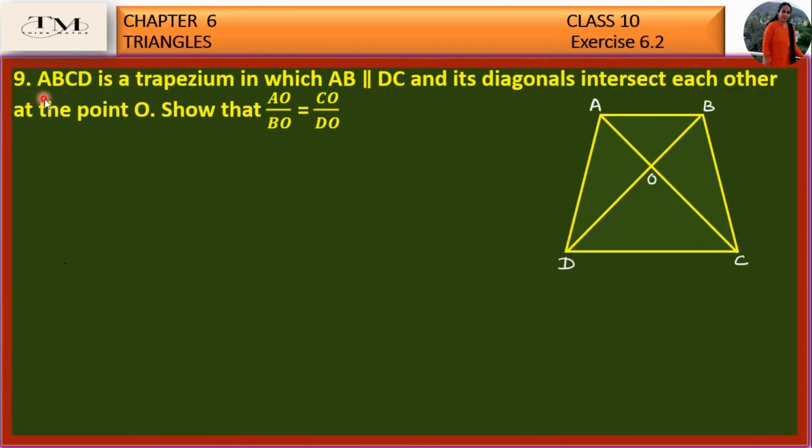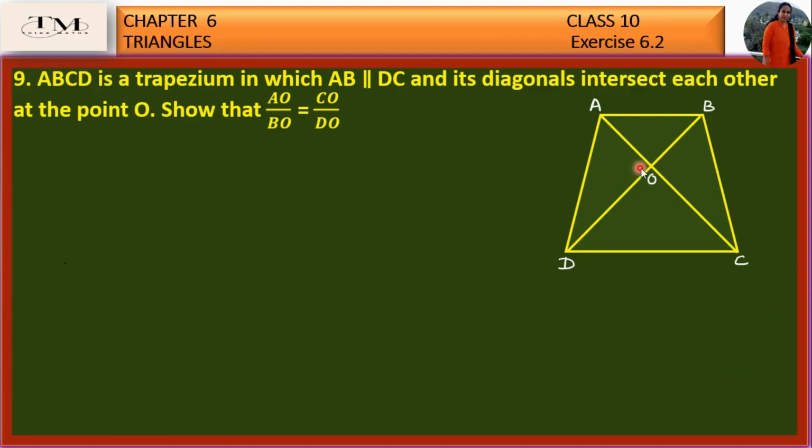So ninth problem. ABCD is a trapezium in which AB is parallel to DC and its diagonals intersect each other at the point O. Show that AO by BO is equal to CO by DO. So what is given? ABCD is a trapezium in which AB is parallel to DC.